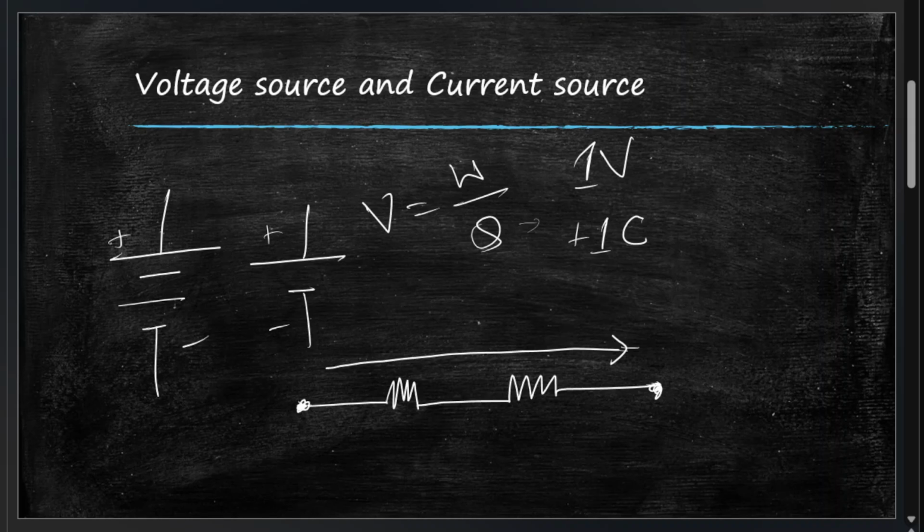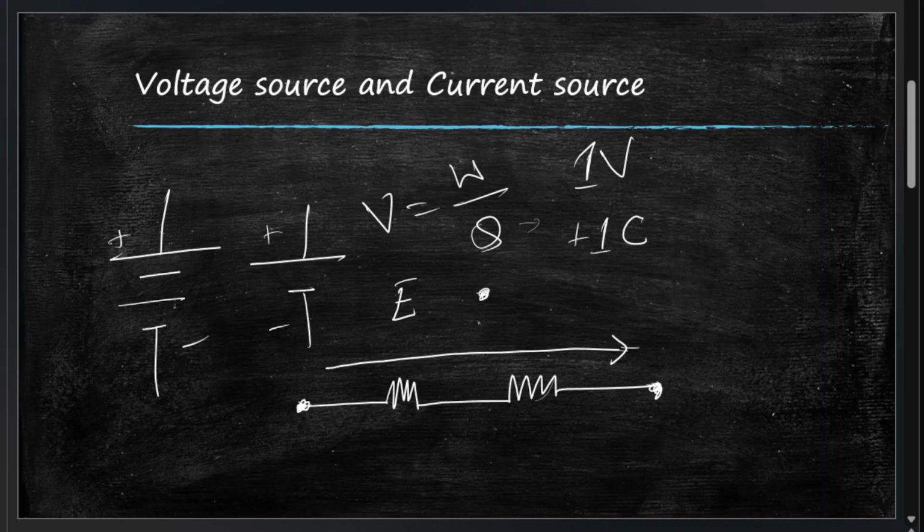Now there's also electromotive force, E. Electromotive force is pretty much the same as voltage, except for one thing: for voltage it's from one point to another point, but for electromotive force it's from one point back to the same point through the whole circuit.